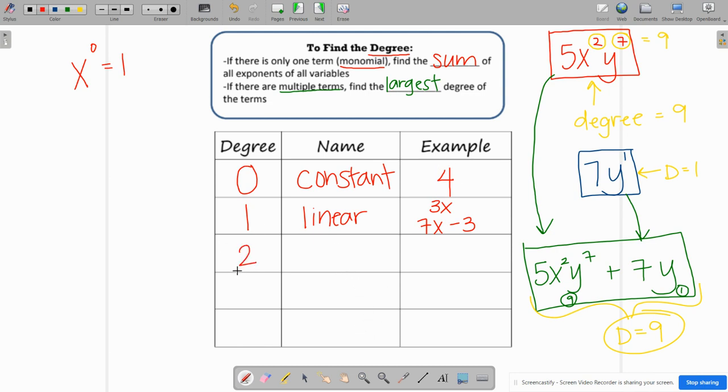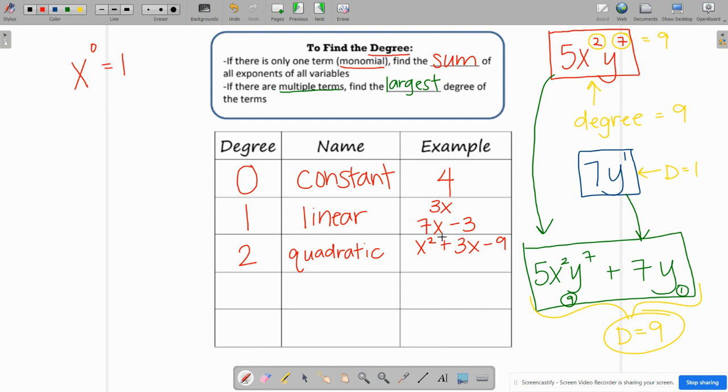If it has a degree of 2, this is called a quadratic. So for instance, a quadratic could be something like x squared plus 3x minus 9. Because even though it has 3 terms, so this is a trinomial, this term has a degree of 0, this term has a degree of 1, and this term has a degree of 2.